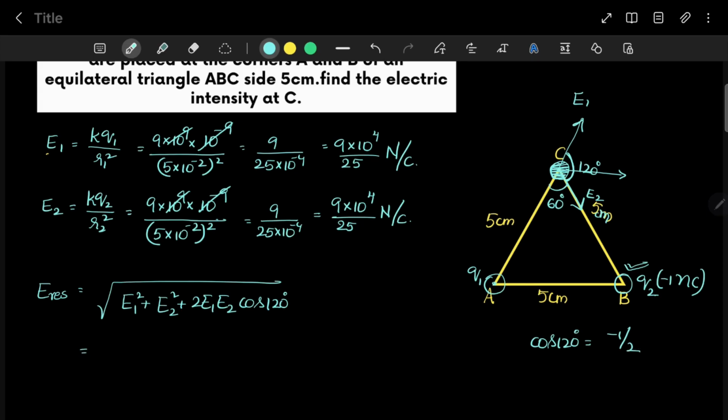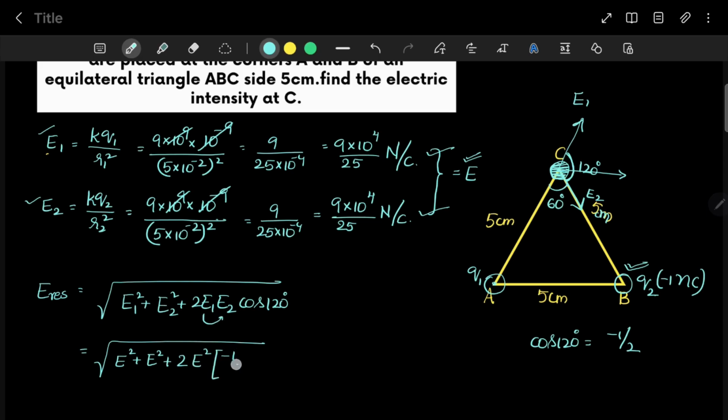And one more thing, there is a small point here. If you observe, E1 and E2 are both equal, right? Let us take them both to be equal to capital E, only for an instance. For some time, I am assuming E1 and E2 both as equal to capital E. So it will be equal to square root of E square plus E square plus 2 E into E, Cos 120 is minus 1 by 2. 2 cancel.